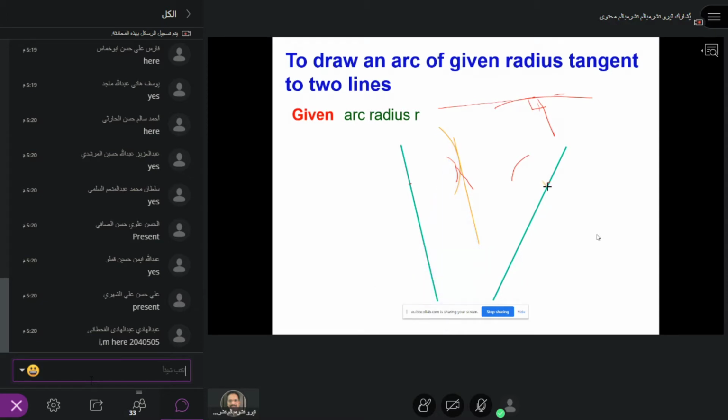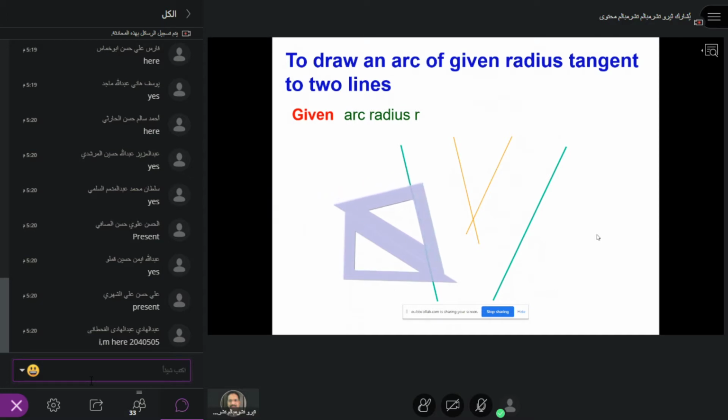Similarly, for the other side, take radius r and draw the arc, and by a similar method, you can move it and draw the tangent by using the tri-squares as shown. Clear? Okay. So let me just repeat again for your own.